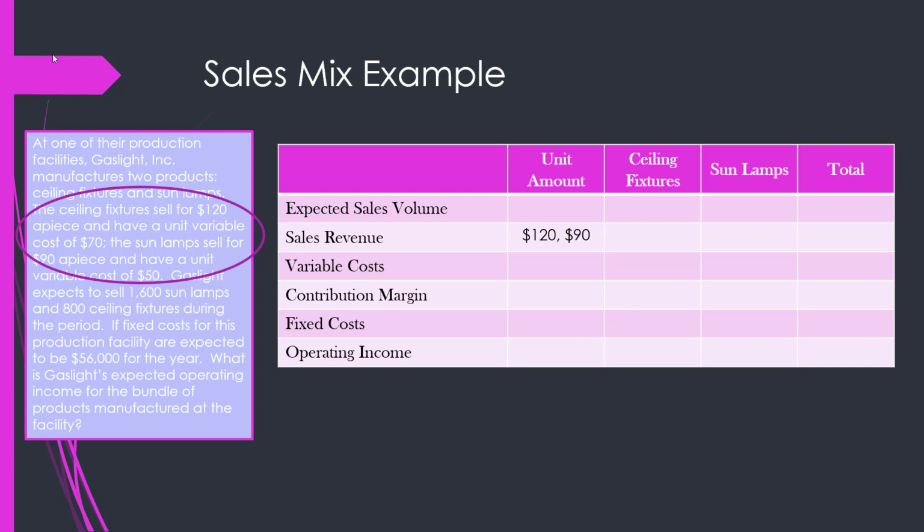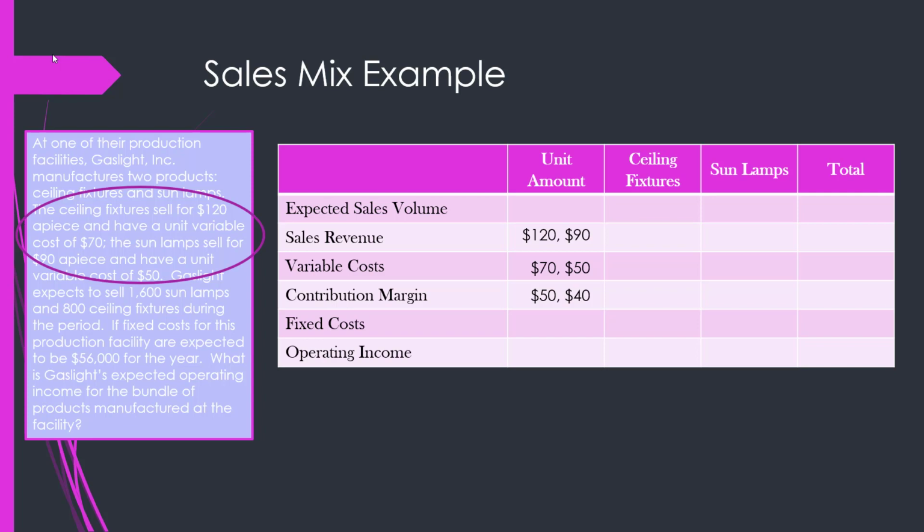What is the variable cost to produce each of these 2 different types of units? The variable manufacturing cost for ceiling fixtures is $70, while the variable manufacturing cost per unit for sun lamps is $50. So what is each product's respective contribution margin? Well, if we're selling ceiling fixtures for $120 and they cost us $70 in variable cost to produce, each ceiling fixture that we sell is going to contribute $50 towards covering our fixed cost.